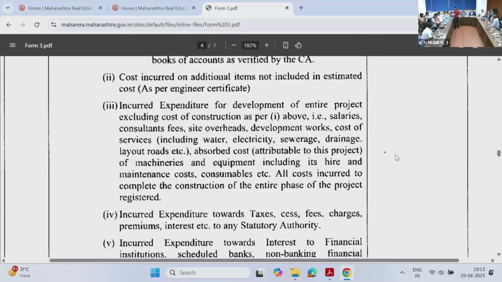Amenities will be considered in cost of construction only. It is also specified in Form 2. The cost of amenities which are provided in Table A, Table B, that's part of the construction. In Form 2, basically when you are registering for the first time, there is only Table A and Table B, which is being done.